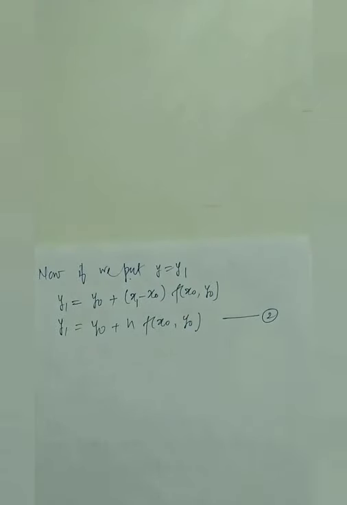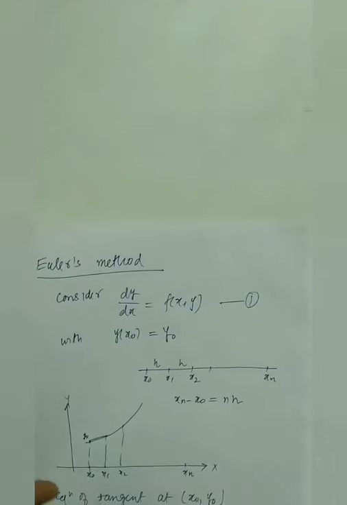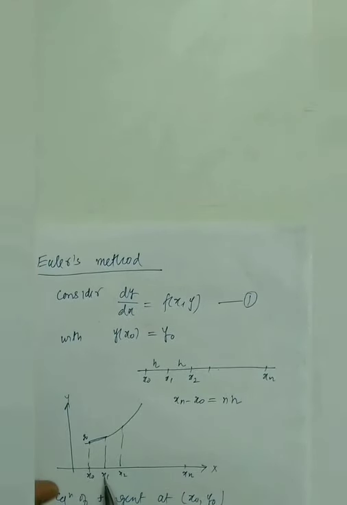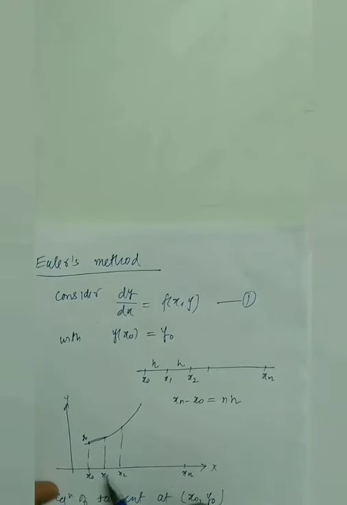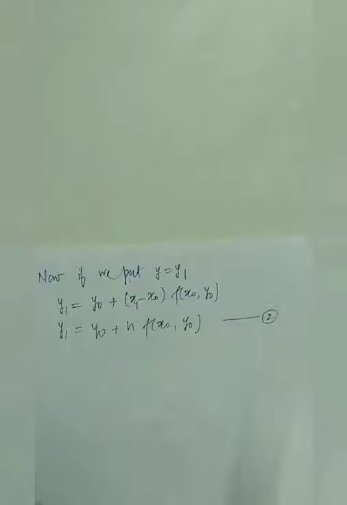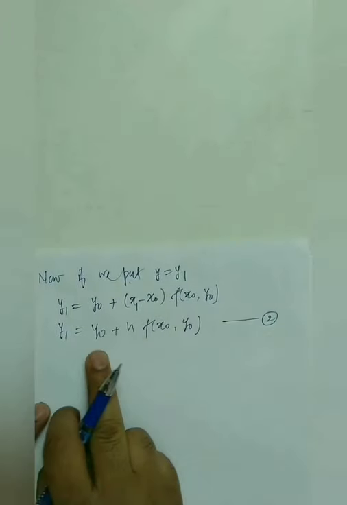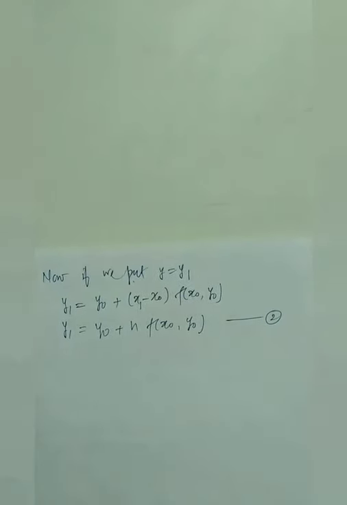So when we take the interval x0 to x1, the value of y at x1, that is y1, in terms of x0 and y0 we have found by this equation, y1 equal to y0 plus h f(x0, y0).